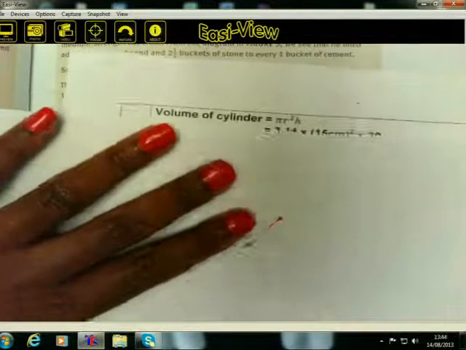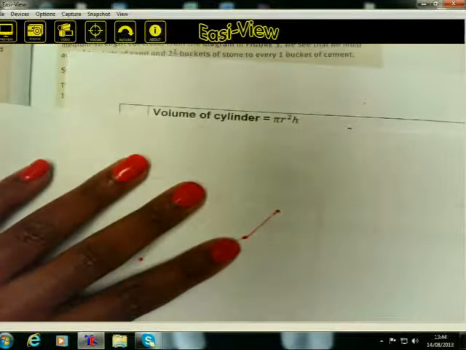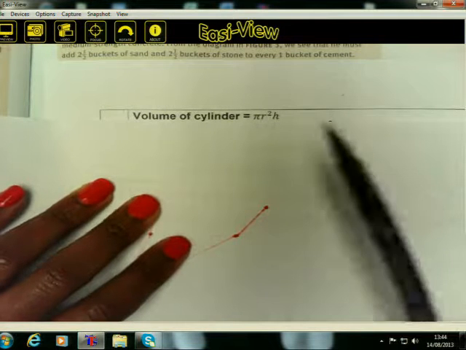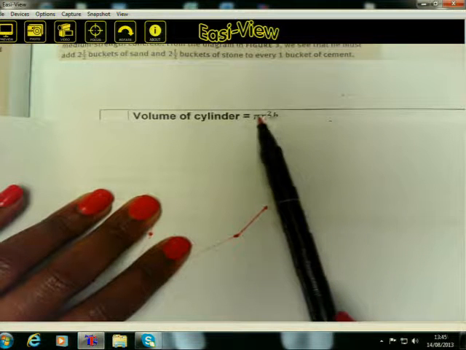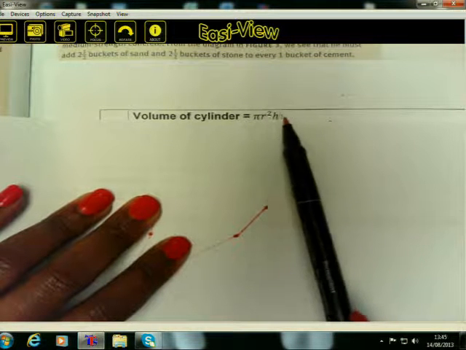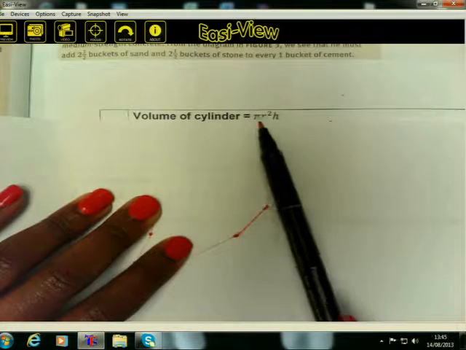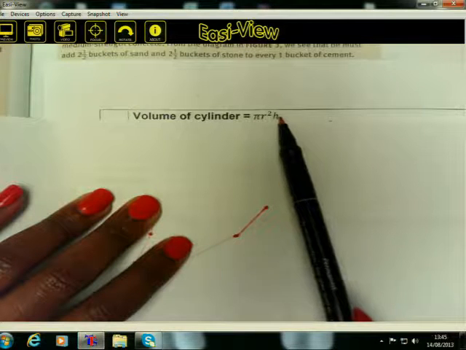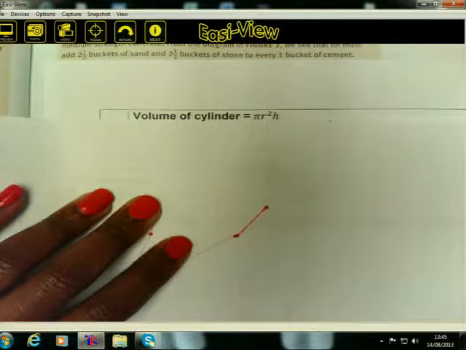The formula for calculating the volume of a cylinder is given by pi radius squared height, which means pi multiplied by the radius squared multiplied by the height. If you remember on that container, I said we are given the diameter.